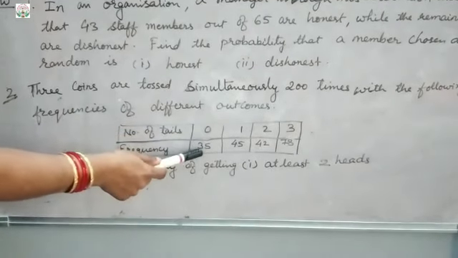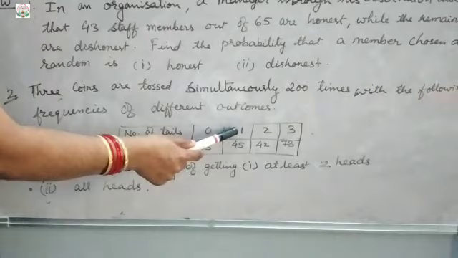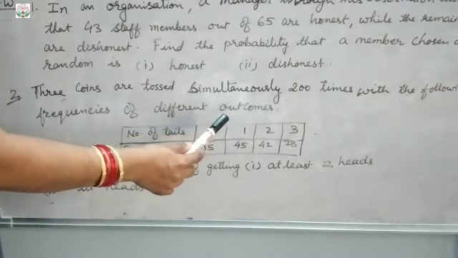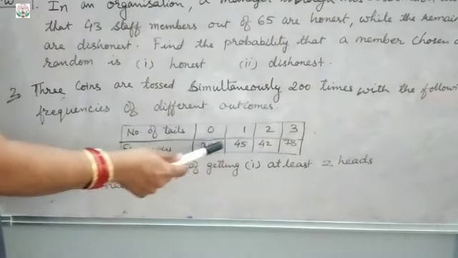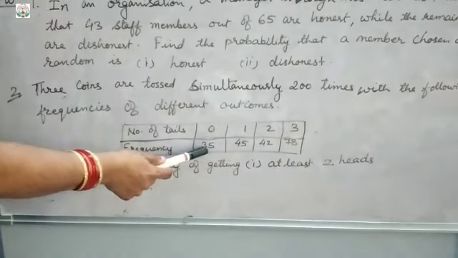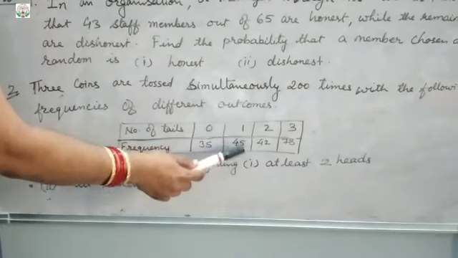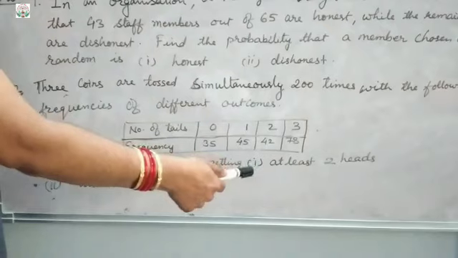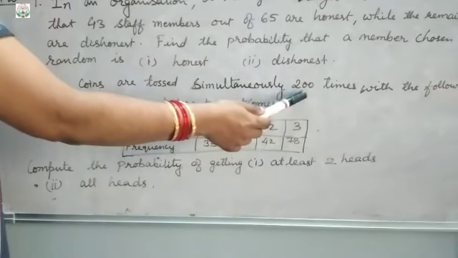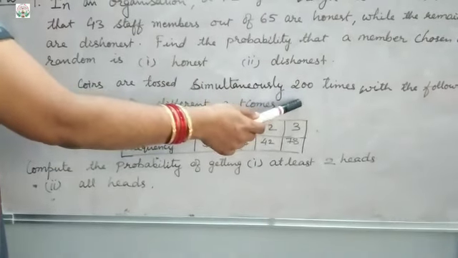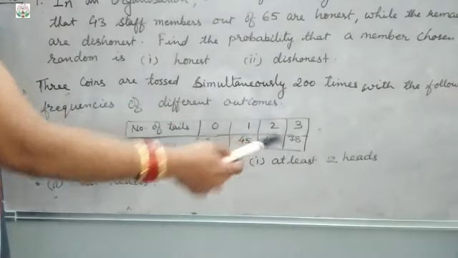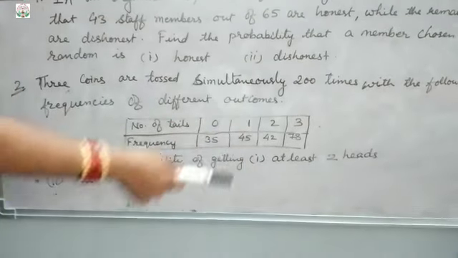And 1 tail means 2 heads. So minimum 2 heads and 3 heads will be added up. So 35 plus 45 upon the total number of times the coins are tossed, that is 200.